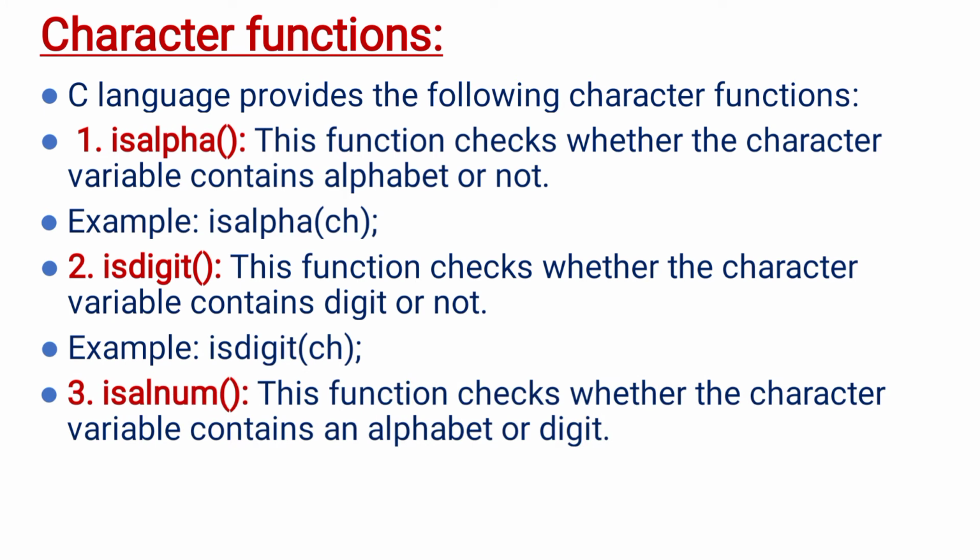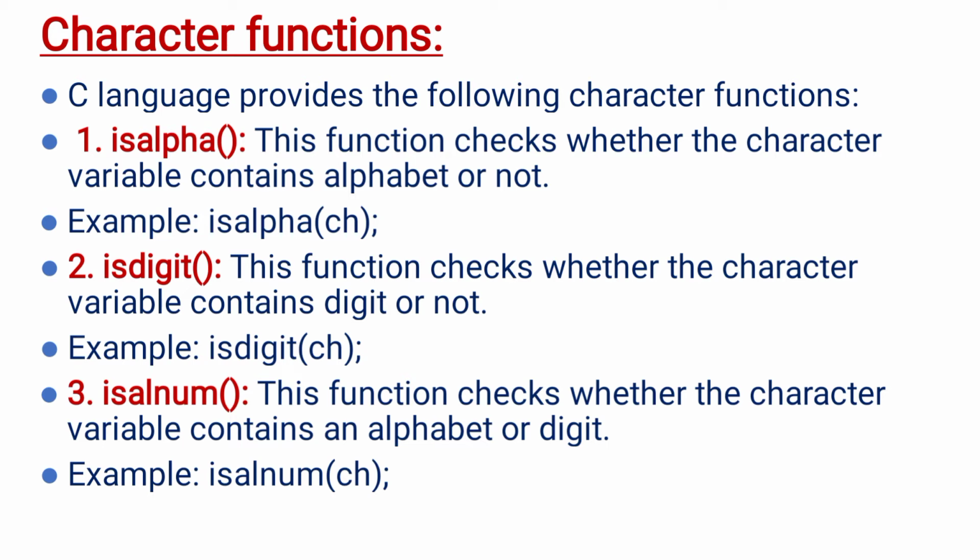Number 3 is the isAlNum function. This function is used to check whether the given character variable contains an alphabet or digit. Alpha means alphabet, num means number, meaning digit.